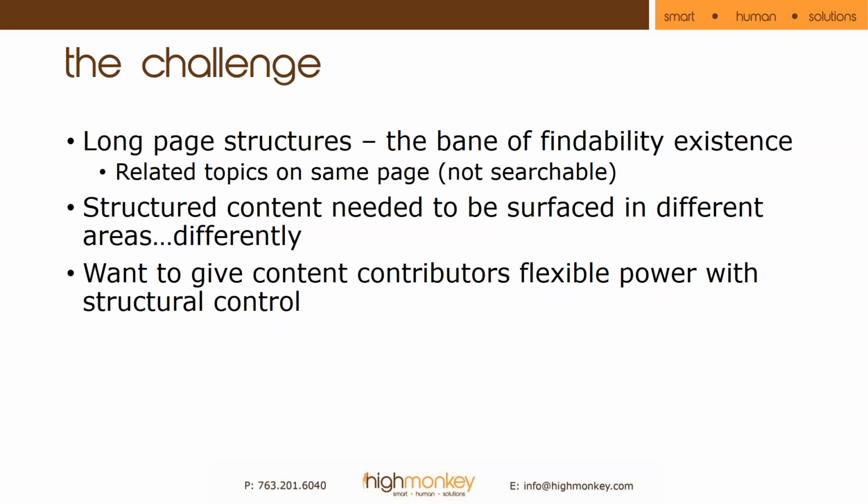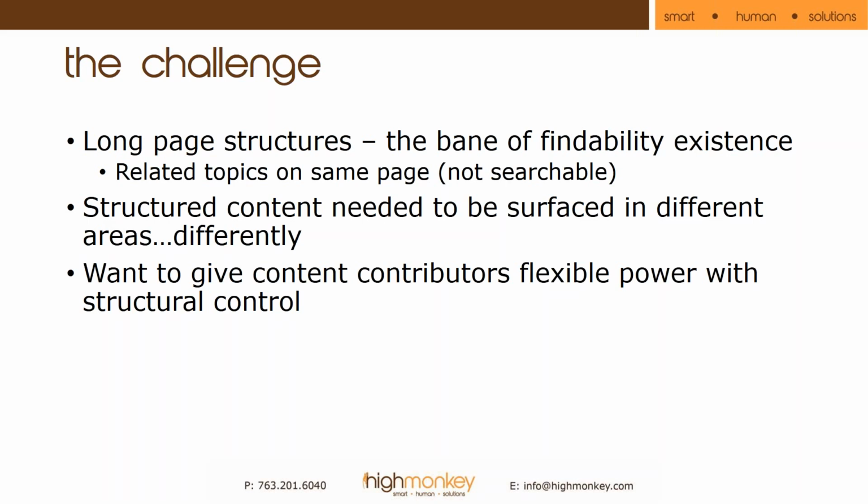One of the challenges from this is searchability, whether you're using Smart Search in Kentico, or another system, or having Google or Bing crawl it. The problem is that it's crawling it all as one single page entity.